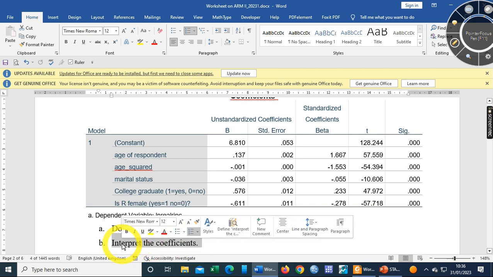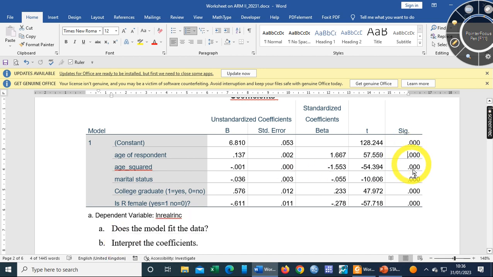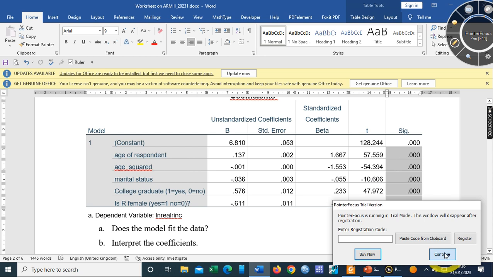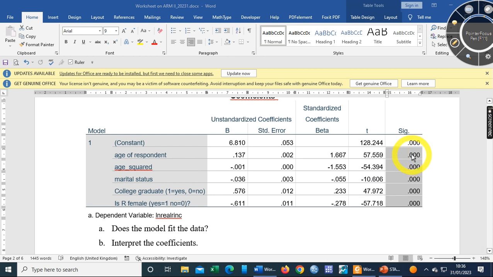Now, let's look into the interpretation of the coefficients. Before interpreting them, we need to judge whether the coefficients are statistically significant or not. As you're seeing from the result, all p-values are less than 0.05, therefore all coefficients are statistically significant.